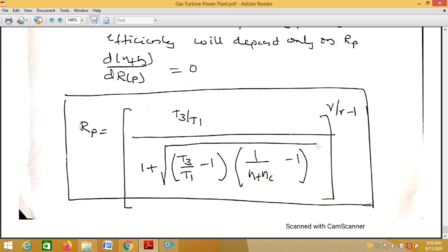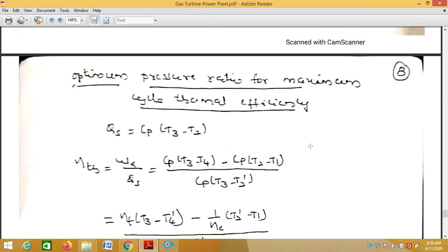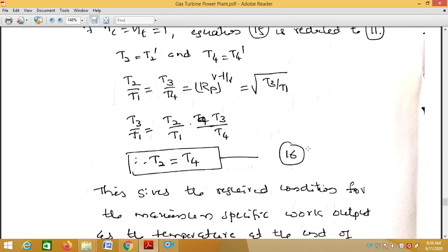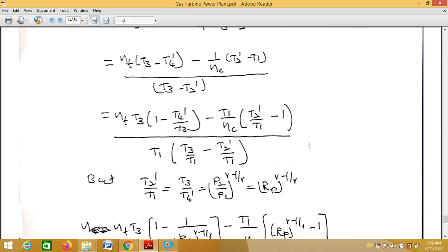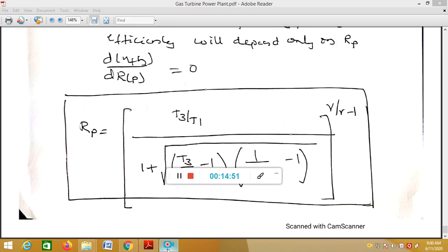This is the expression for the optimum pressure ratio. So we have derived the optimum pressure ratio for maximum specific work output and the optimum pressure ratio for maximum cycle thermal efficiency of an actual gas turbine power plant. Okay, thank you.